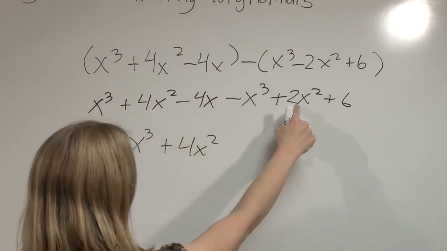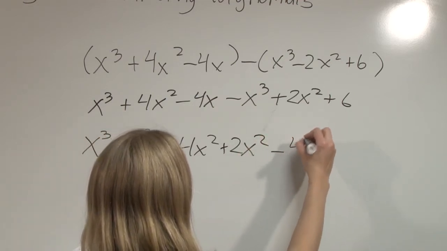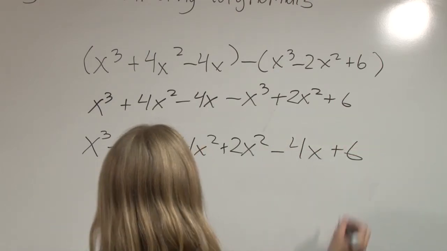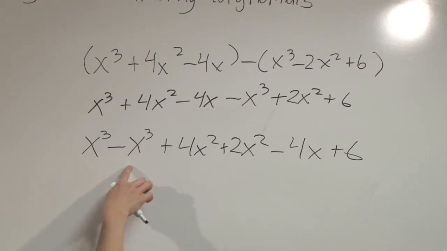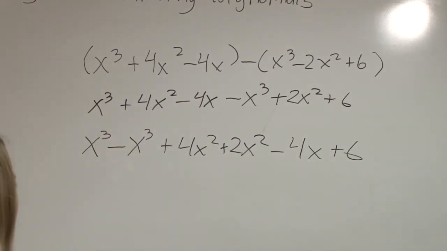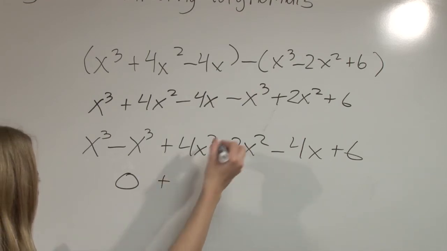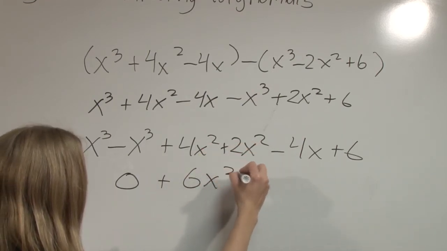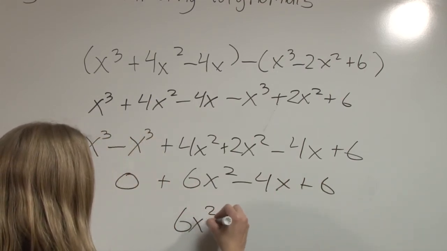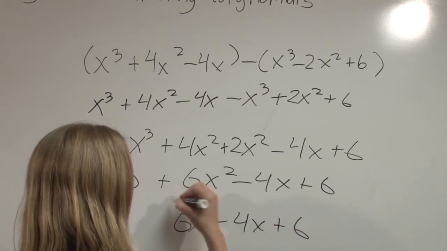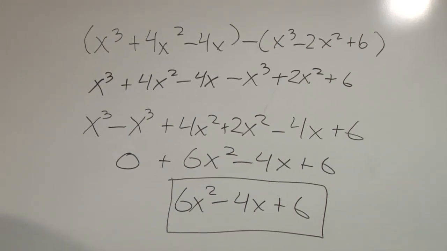And now I'm going to move the 2x cubed. That leaves me with the 4x and 6. So when I add x cubed minus x cubed, that is going to give me 0. So I don't have an x cubed anymore. That's going to be 6x squared. I can get rid of the 0. And that's my final answer. So those are the basic techniques for adding and subtracting polynomials.